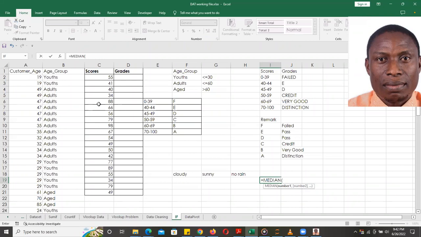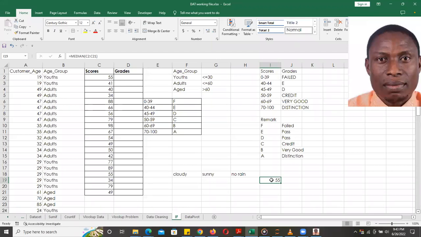So I will pick all of this and use it as an example, to check the one that is at the middle, and that's the median. The function will pick it up for us. So if we check, it's saying 55 is the one at the middle.